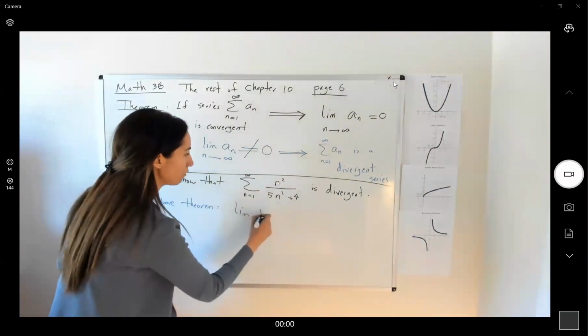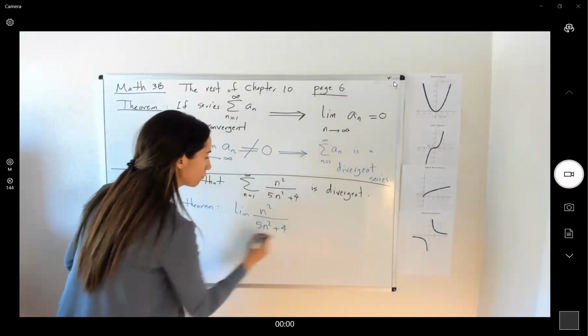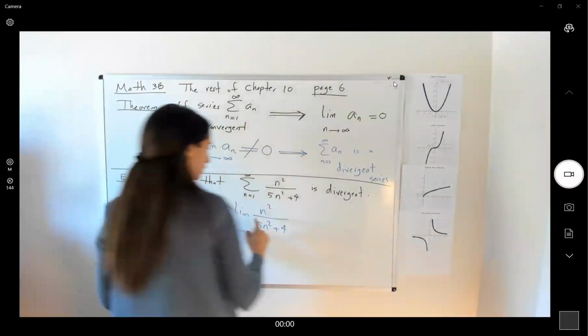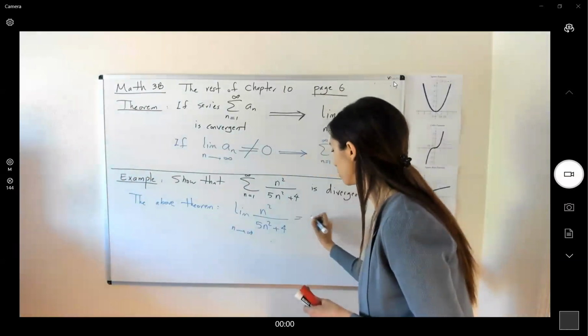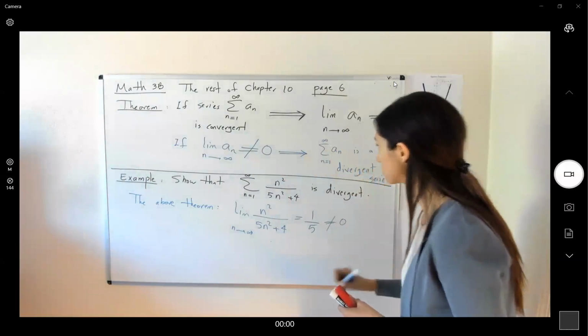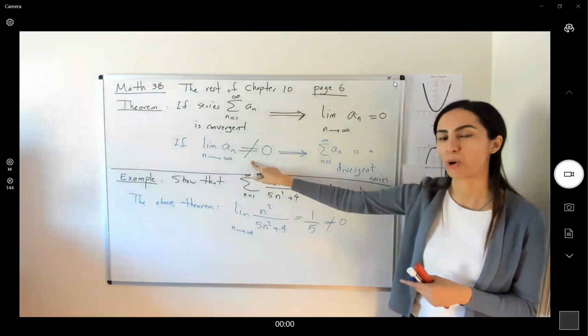So the limit of n squared over 5n squared plus 4 while n goes to infinity is equal to 1 over 5, which is not 0. The limit of the general term is not 0.